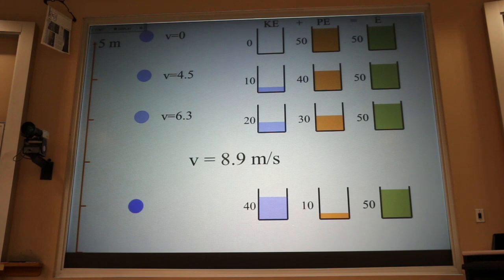Well, it turns out that there are some problems that you cannot solve using the kinematic equations, and energy will allow us to solve those problems. There are other problems that you can solve both ways, with the kinematic equations or with energy. And in each of those cases, energy is going to be the easier way to go.